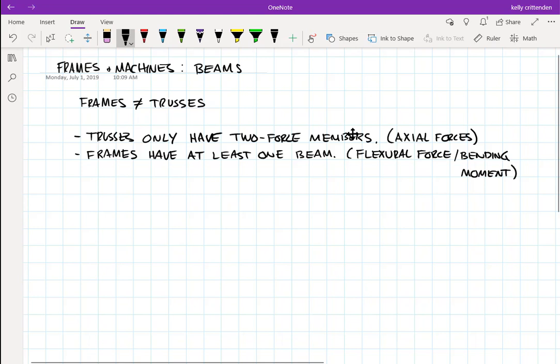So, for instance, you might have a beam, and this beam might be a beam by itself, or a beam that's in a frame or a machine, and it would still work similarly. Remember when we had a pin somewhere and a roller somewhere. They don't necessarily have to be at the very ends of the beam, but when we had a pin and a roller, we called that simply supported.